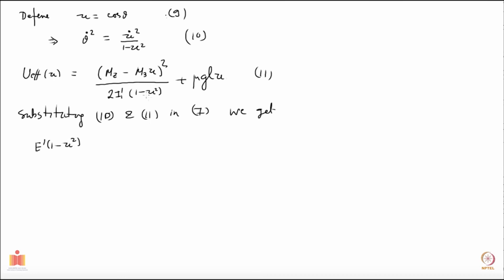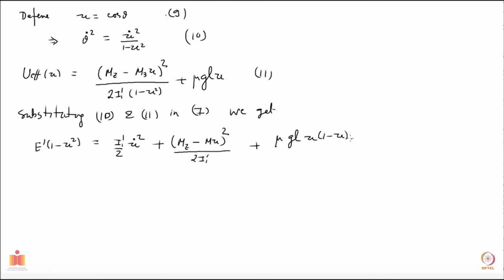So I'm taking 1 minus u square and multiplying on the left hand side, and this is equal to I1 prime over 2 u dot square plus (mz minus m3 u) square over 2 I1 prime plus mu g l u times 1 minus u.